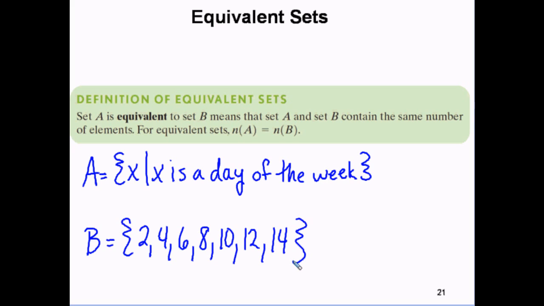So these two sets would be equivalent. n of A is 7 and n of B is also 7. So far, okay?